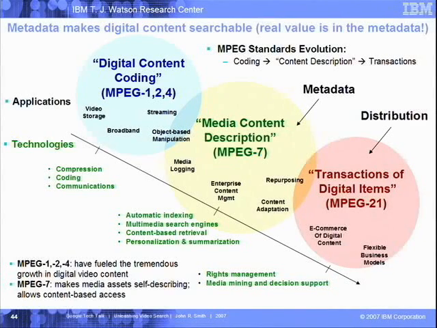And it includes descriptors at the low level, things like, well, how would you describe a color distribution, to higher level things at the semantic level, as well as other more typical things like production metadata, titles, creators, authors, and those kinds of things.